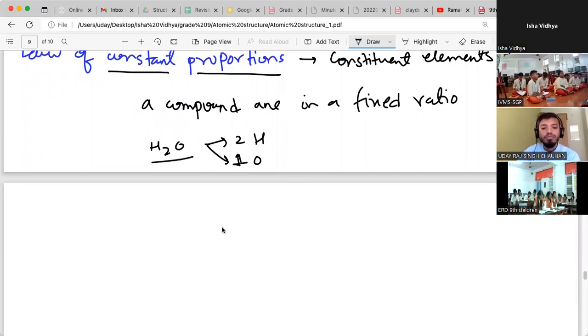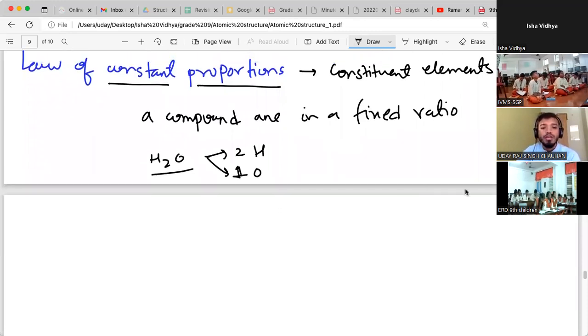In whichever water you take, from whatever source, a lake or river or sea, that water will have the same combination of elements. Two hydrogens and one oxygen will combine, right? So the ratio of the elements is fixed. It's always 2:1, right?